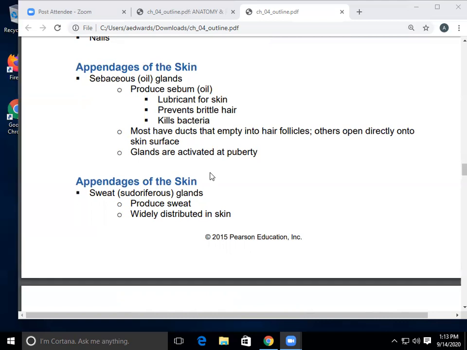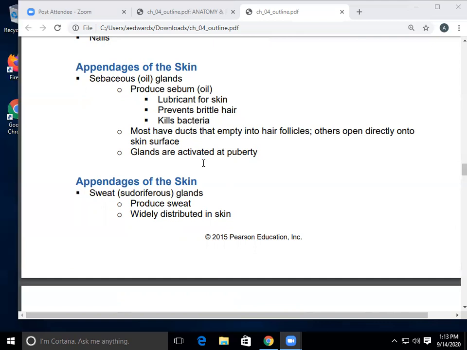So what would we associate that with? With these glands that produce oil being activated around puberty, going to your skin, like your face. Acne, pimples, right?